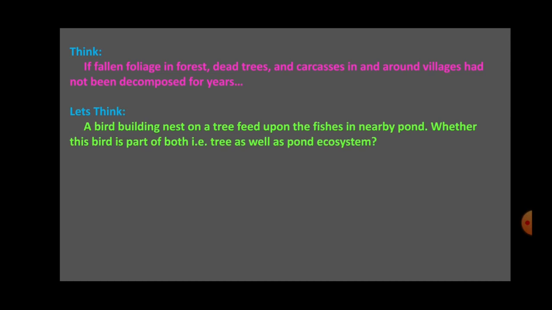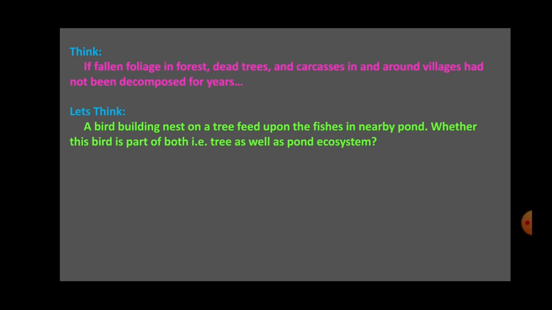Next, let's think. A bird building a nest on a tree feeds upon the fishes in a nearby pond. We all have seen that birds build nests on trees and they obviously will feed upon the fishes in the nearby pond. So now tell me whether this bird is part of both the tree as well as the pond ecosystem, or just the tree or pond.